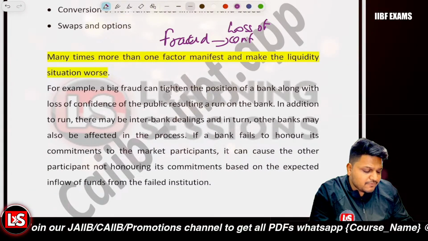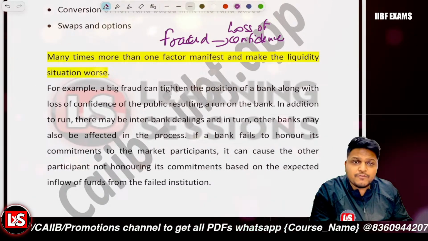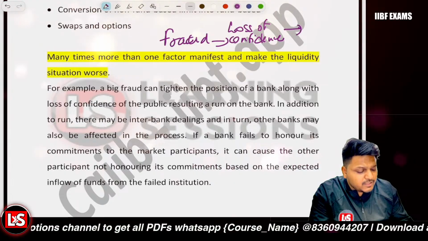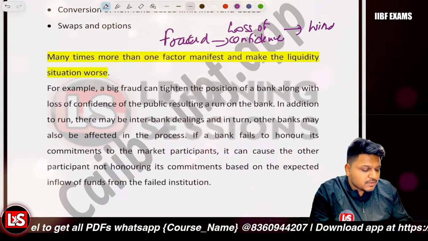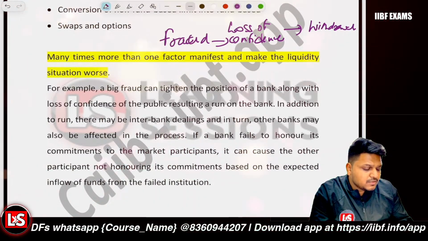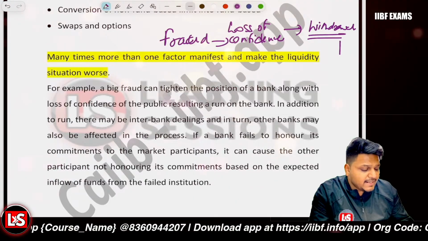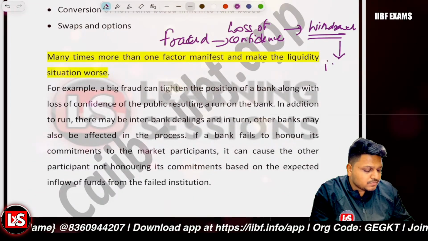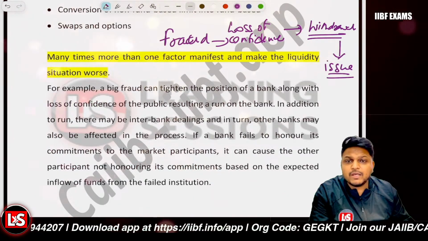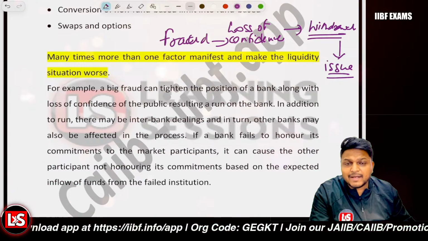The depositors have lost their confidence in the bank, and now they are doing withdrawals. Like what happened with Yes Bank, right? And that led to the liquidity crunch.